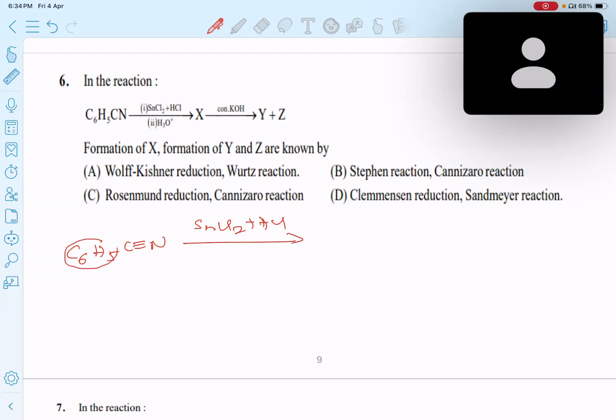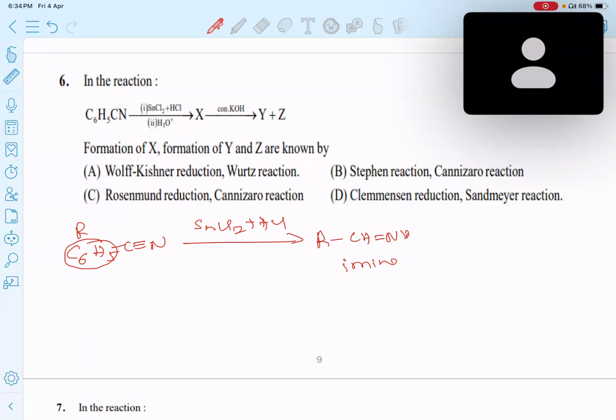So let us forget about the phenyl group. Let us take CN first. Here the phenyl group is considered as R. Then RCH=NH, the imine product, is formed when treated with stannous chloride and HCl.